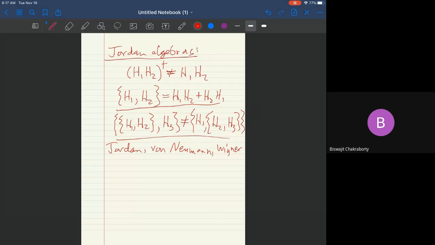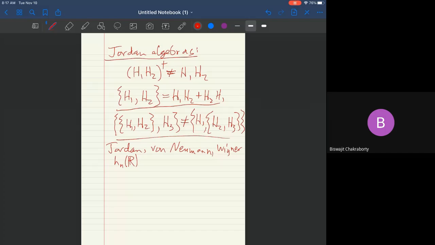And then the other three infinite families are the n by n real Hermitian matrices. In this case, with real matrices, Hermitian is the same as symmetric. So n by n real symmetric matrices, and the product is the anti-commutator, just like we said above.